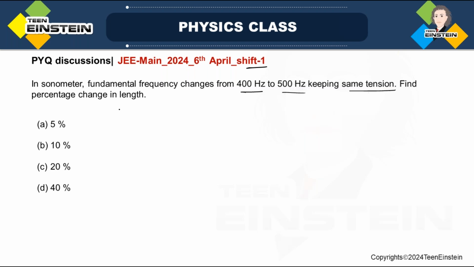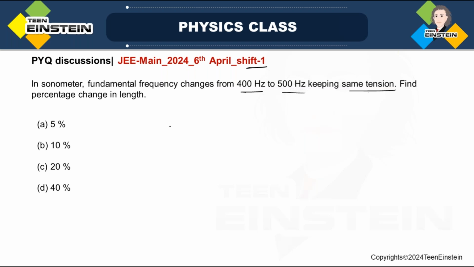Find the percentage change in the length. If the frequency changes from here to here and the tension is the same, then how is the length changing? That means you have to find the percentage change of the length in the sonometer.